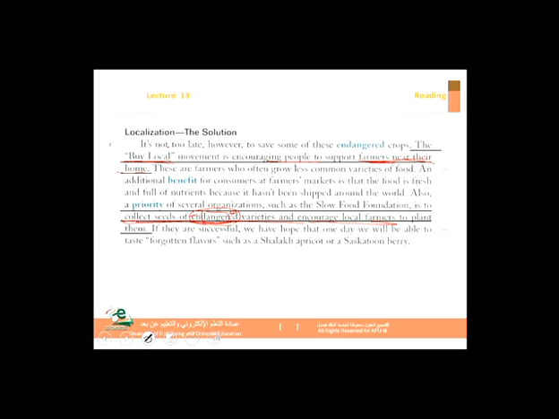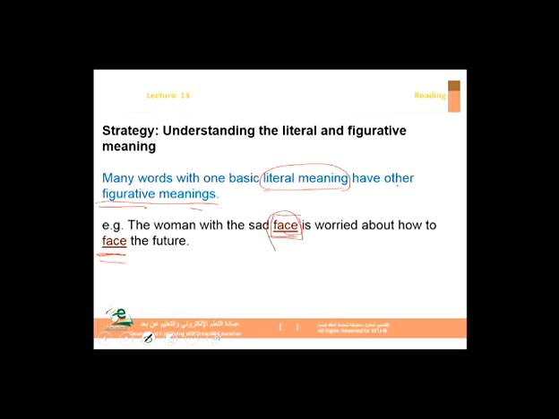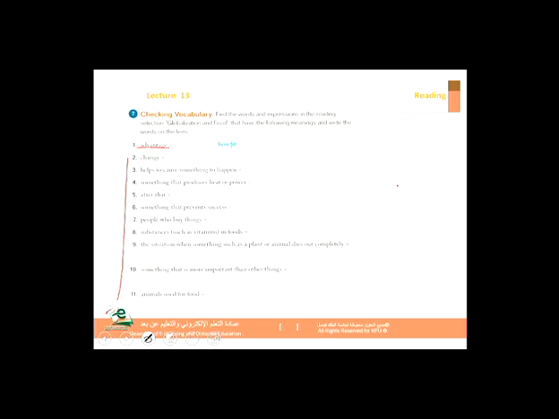So we go back and it's benefits. One, an additional advantage for consumers. Okay? So now I want you to give me words that are in blue that mean change, helps to cause something to happen, something that produces heat or power.